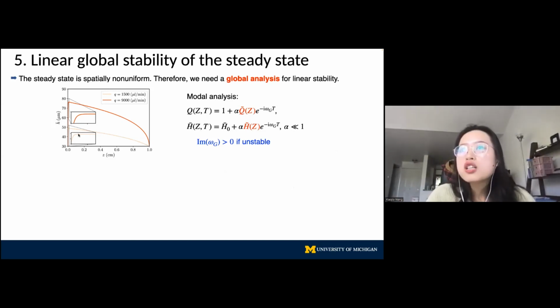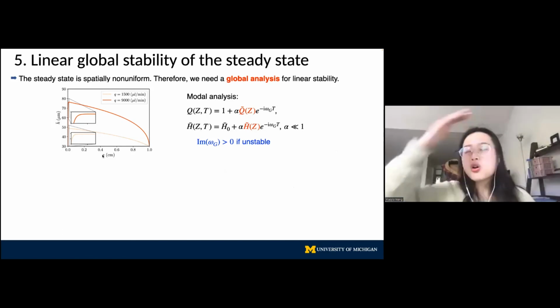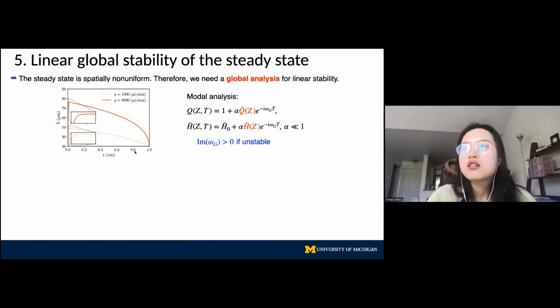There is a short diverging section near the channel inlet and a long converging section towards the channel outlet. To conduct a linear stability analysis with respect to this non-uniform steady state, we have to make our eigenfunctions dependent on the spatial coordinate z. Therefore, we have to do a global analysis for this problem.